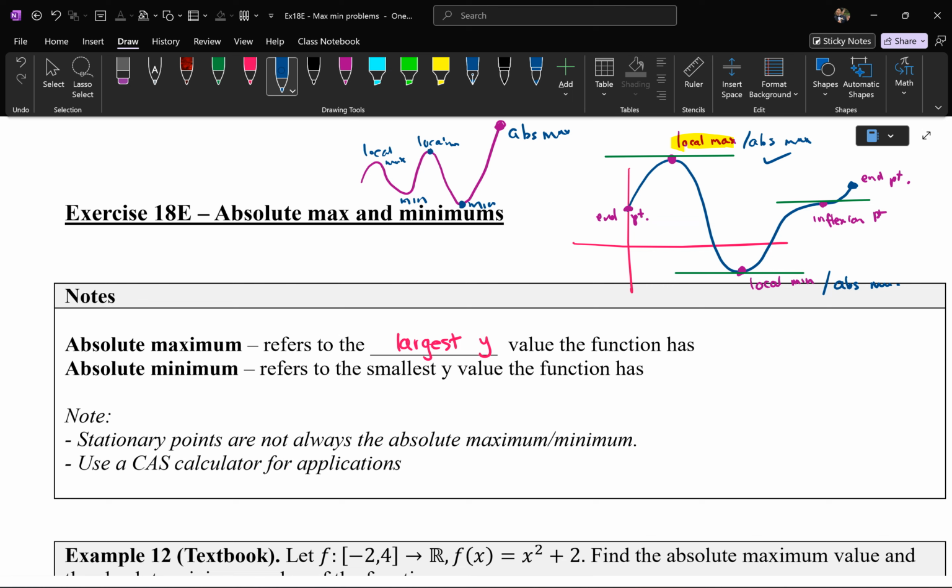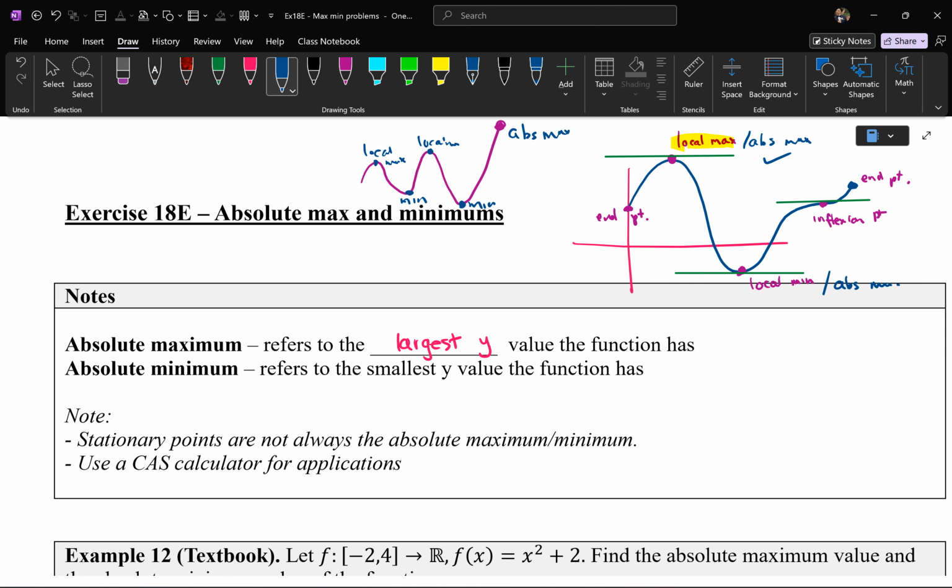So just because you find a stationary point, it doesn't mean that it is always the highest or lowest point. So this is why in this exercise, you also have to test endpoints. You have to check what is the highest y value you can get for not only stationary points, but also the endpoints. That way you can figure out which one is the largest and which one's the smallest.